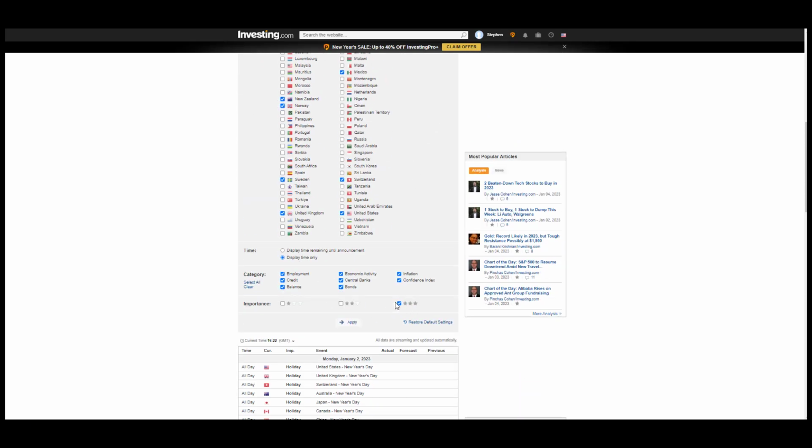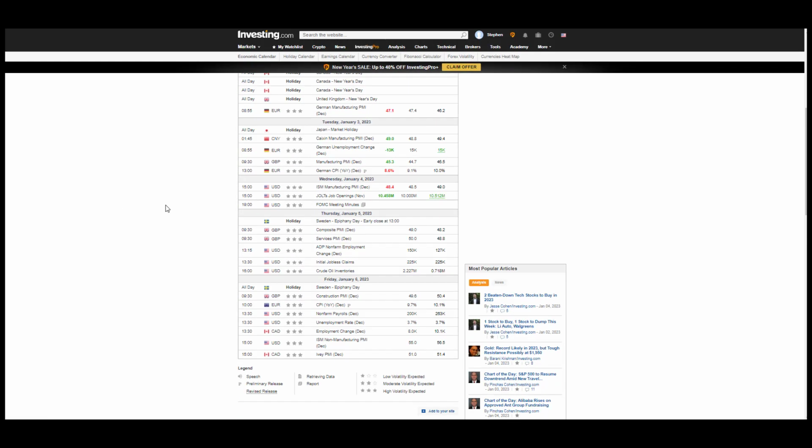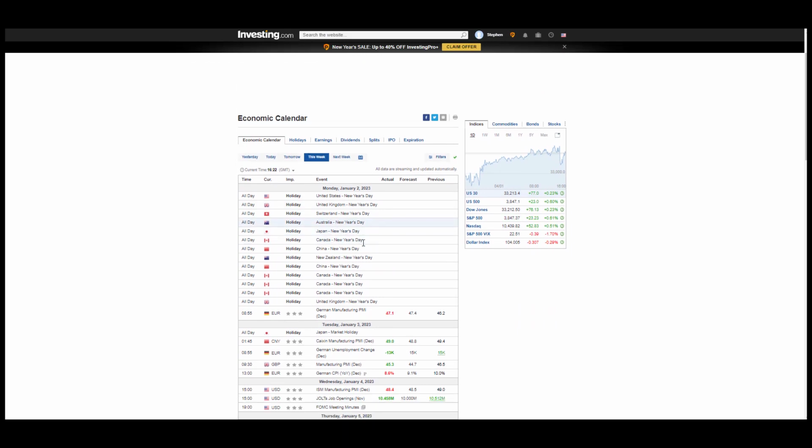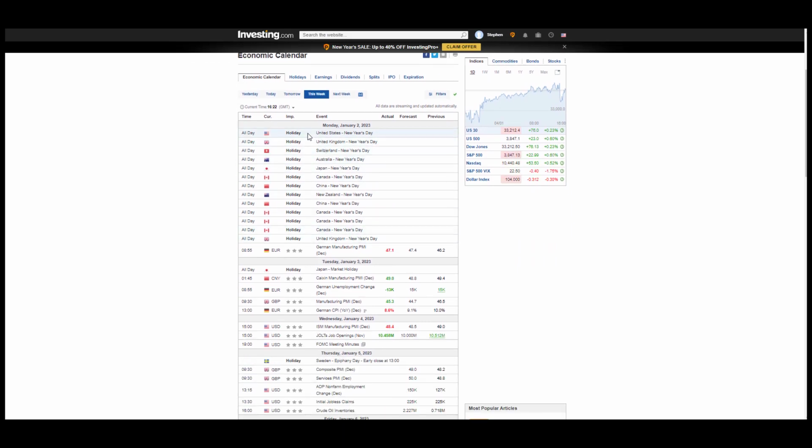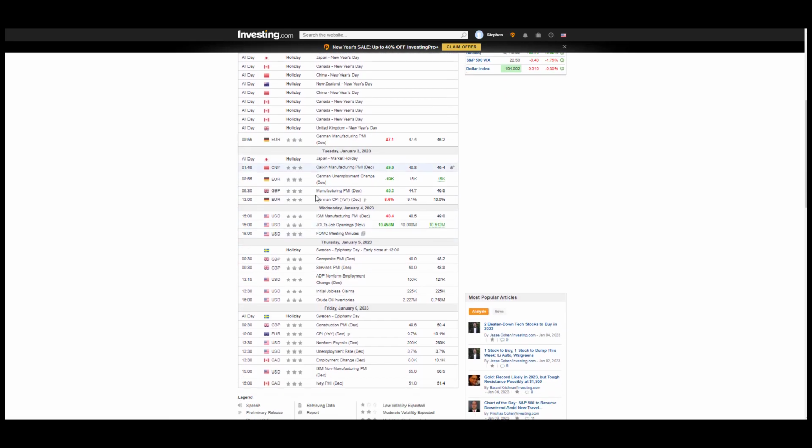You can see the importance 3, so we've got that there, and you can see this is what's happening this week in terms of events. It's the beginning of the year, so maybe it's a bit quiet. You can see that holiday period there.